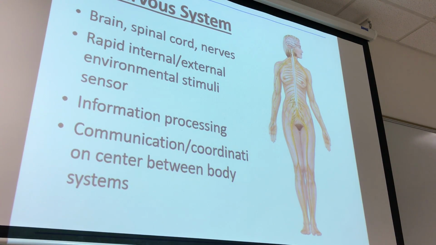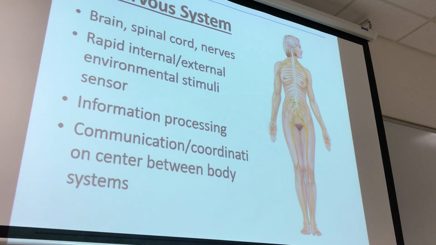But you do need to be able to tell me that this is the brain, this is the spinal cord, this is a nerve. For right now, that's as far as we've gotten. Nerves, brain, spinal cord are the 3 key components of the nervous system. I know that sounds extraordinarily basic. None of that should be really new information to you, but it is what it is. That's where we're at so far.